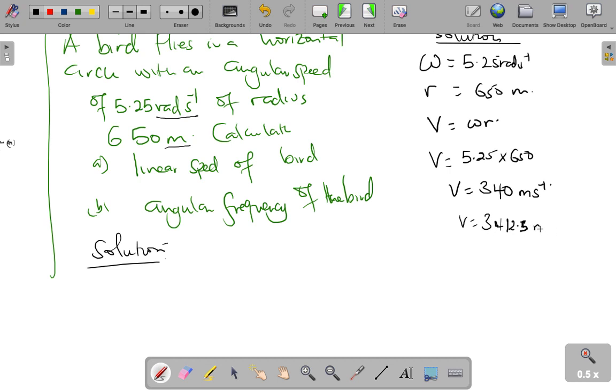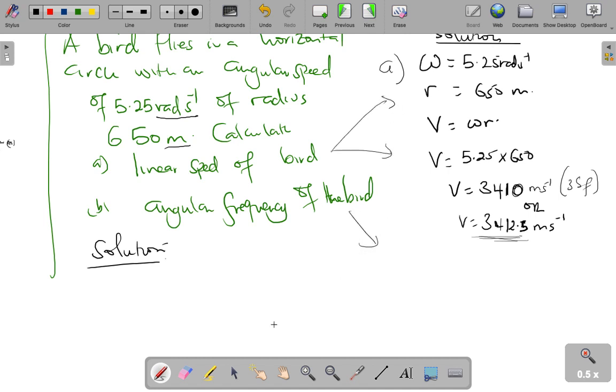So you can leave it like this, or you can write two significant figures or three significant figures. To write three significant figures, it will be 3410. So these will be three significant figures, and then you can write 3SF there. I hope that makes sense. This is part A.